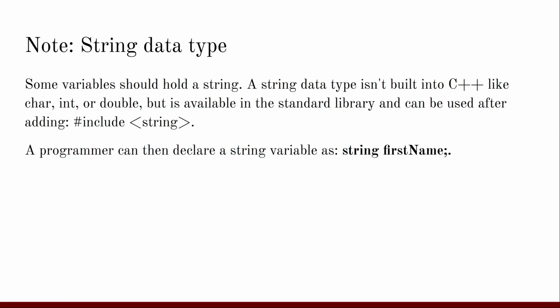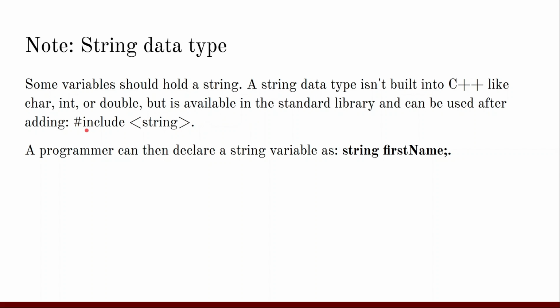All right. So we have seen a few data types, integer and character, and now let's look at string. Some variables should hold string values, right? Let's say my name is a string variable. The string data type isn't built into C++ like char, int, and double, but it is available in a standard library that you include in your header section.